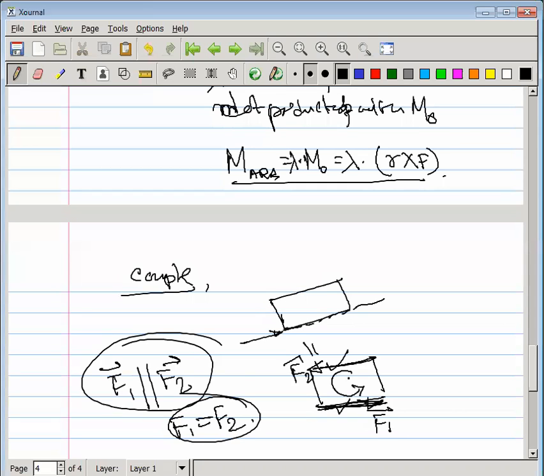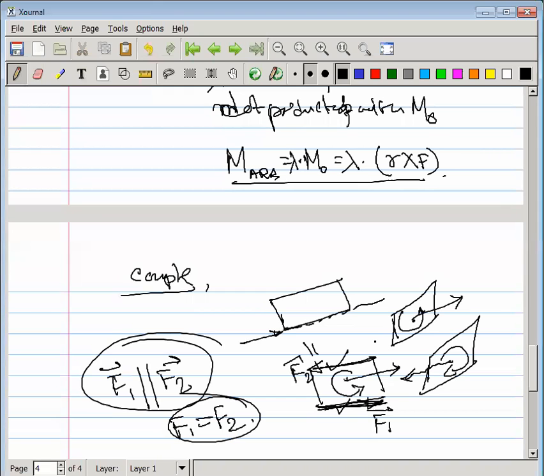So if it is anti-clockwise, it will come out from this surface, perpendicular to the plane. If it is clockwise, it is also perpendicular, but in the opposite direction.